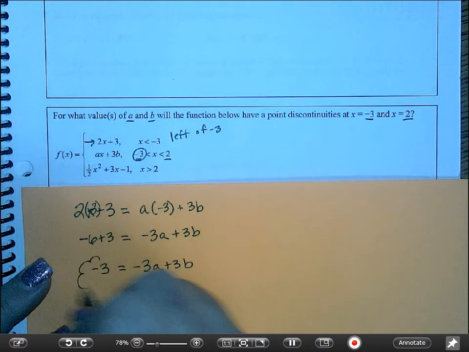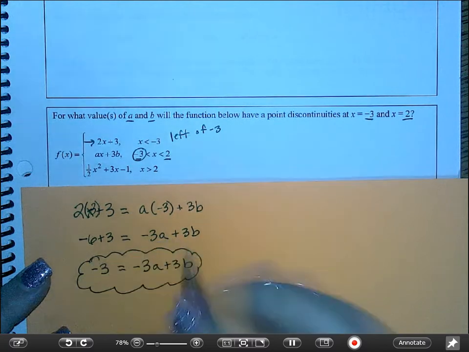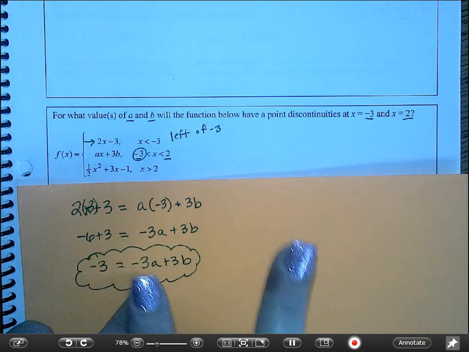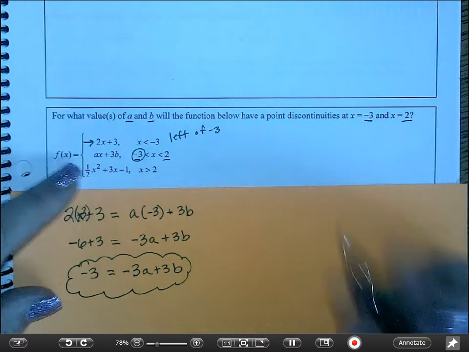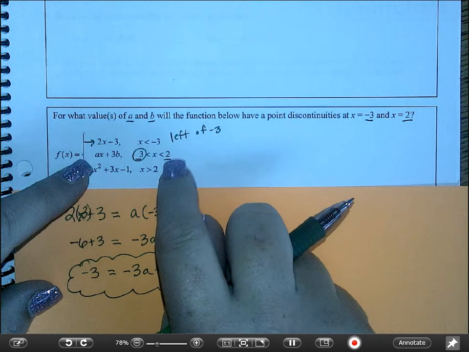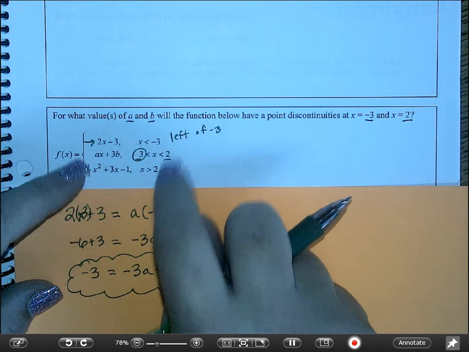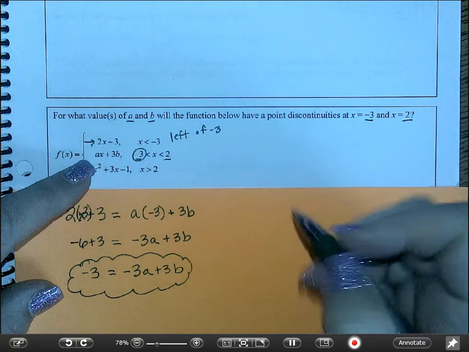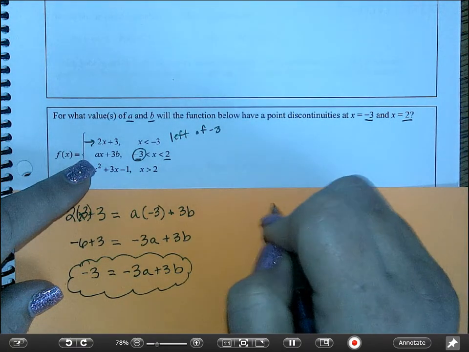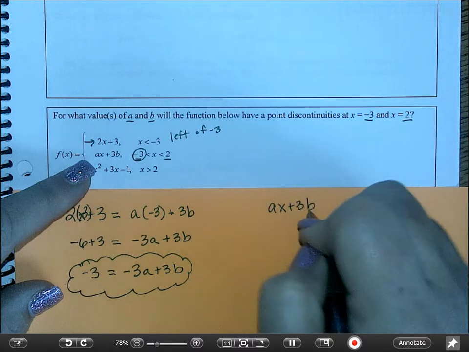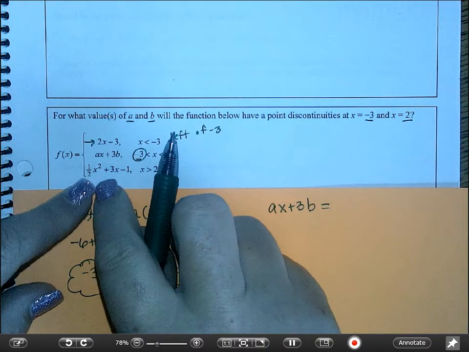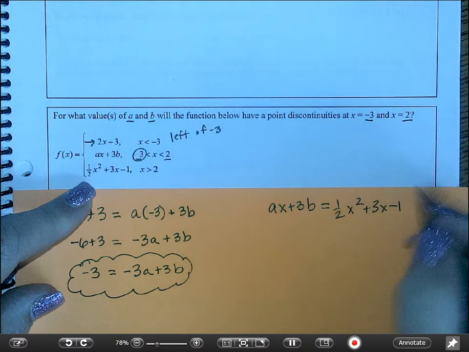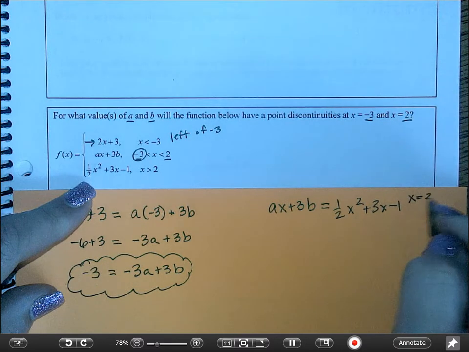I'm going to save this for just a moment because if I have 2 unknowns, I need 2 equations. So let's take a look. In order for this to be point discontinuity at 2, I have ax plus 3b needs to equal the 1/2 x squared plus 3x minus 1 when x is equal to 2.